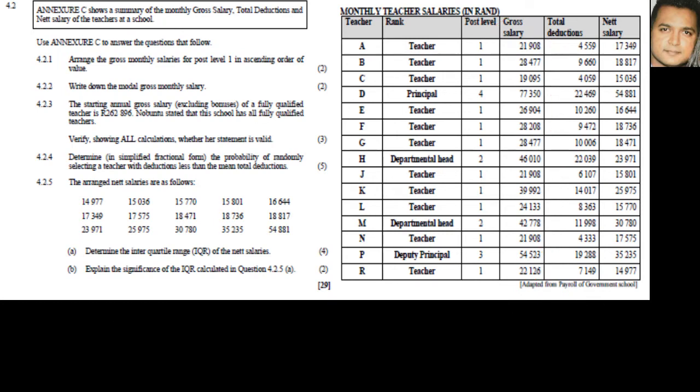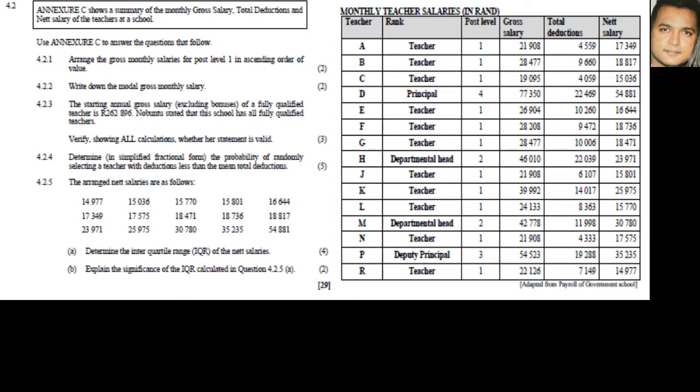4.2.3, the starting annual gross salary excluding bonuses of a fully qualified teacher is 262,896. Ubuntu stated that this school has all fully qualified teachers. Verify, showing all calculations, whether the statement is valid. So she says that the school has all qualified teachers.